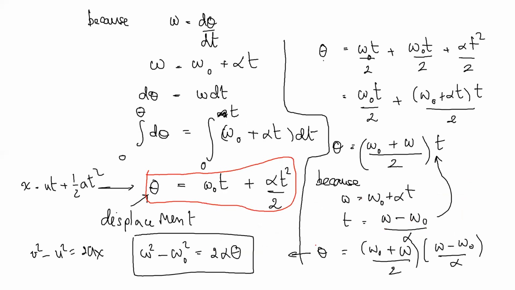Now, if you do another integration, by definition, omega is d theta by dt.